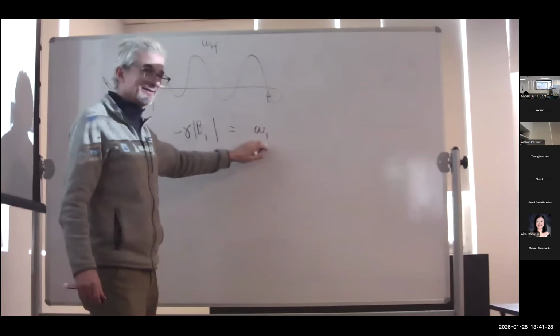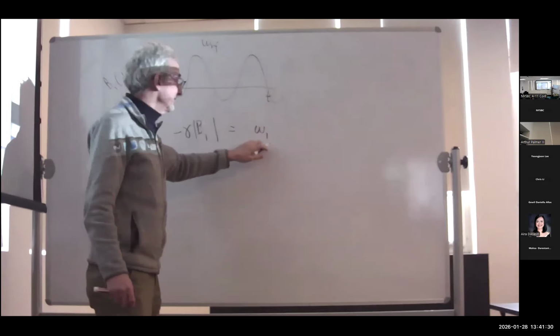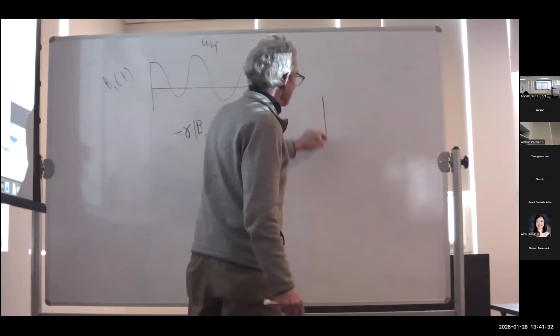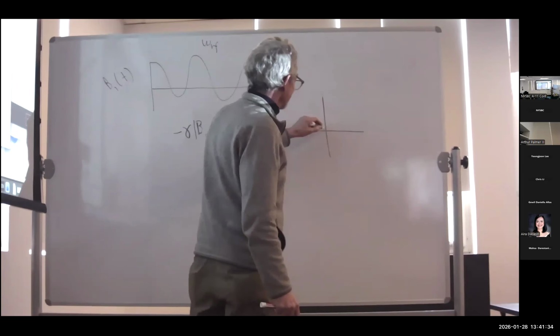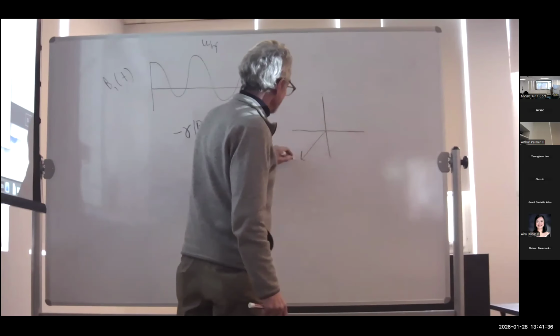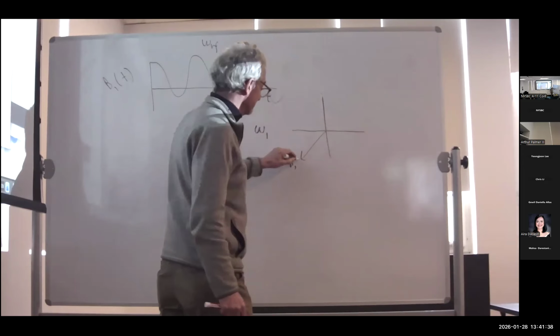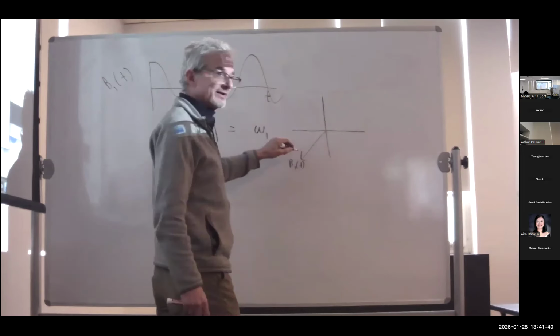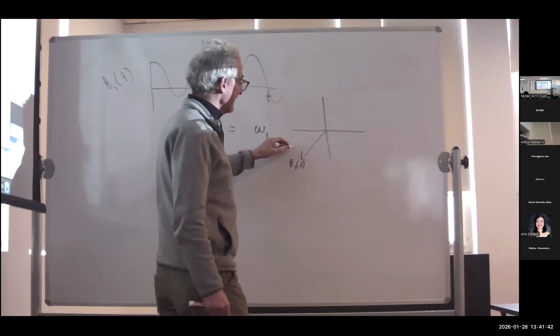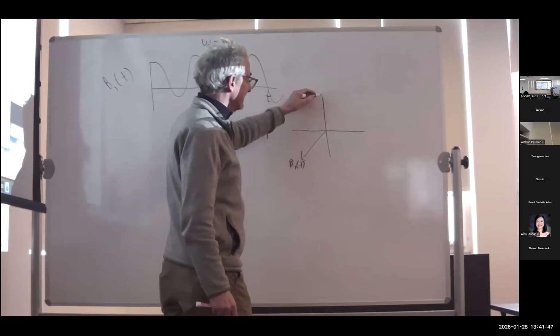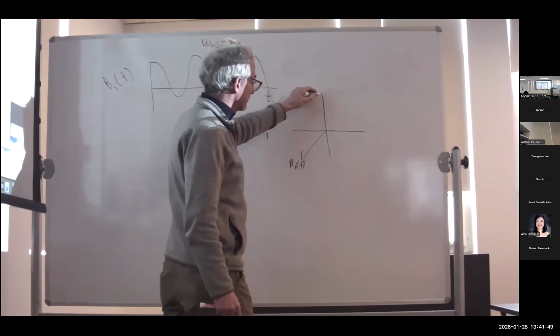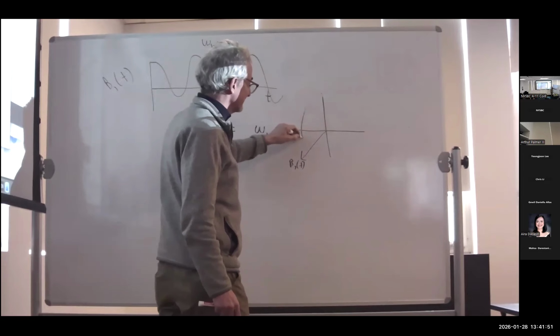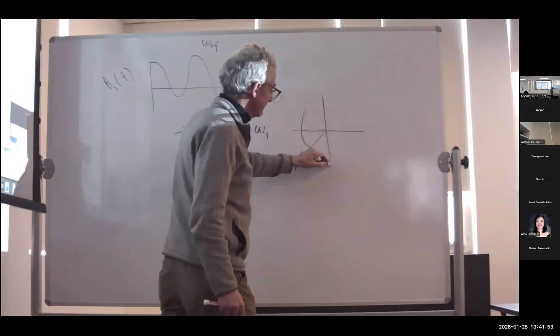And the easiest way to think about that is if I turn on the B1 field on resonance, say along the x-axis, and I have magnetization on Z, I expect that it's going to rotate in the ZY plane.